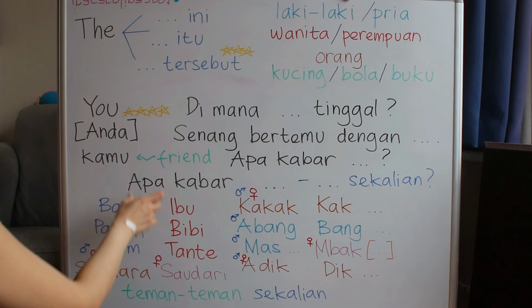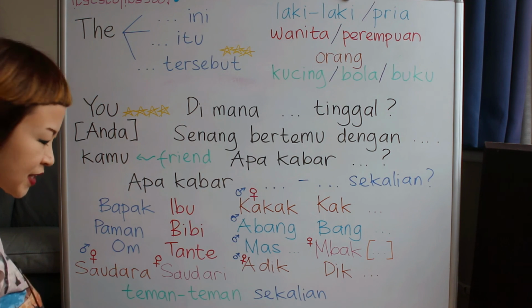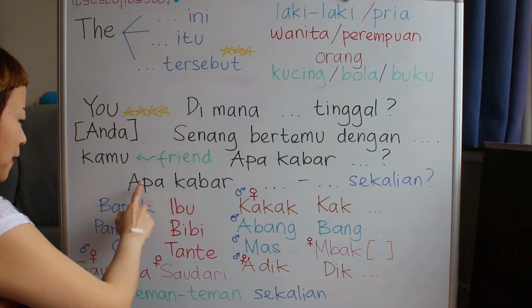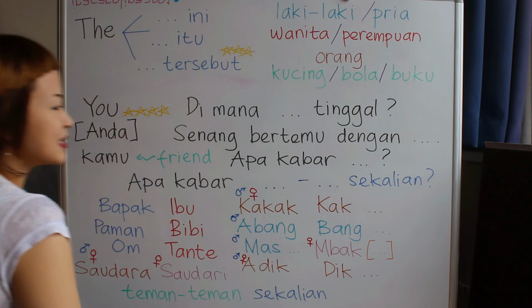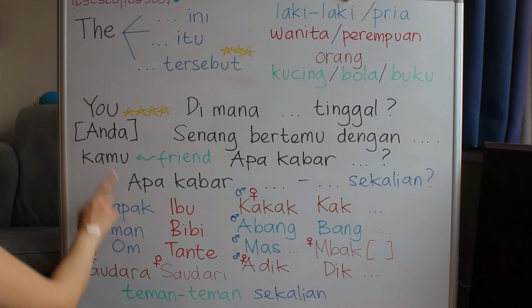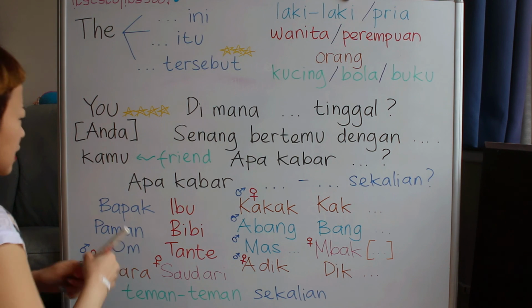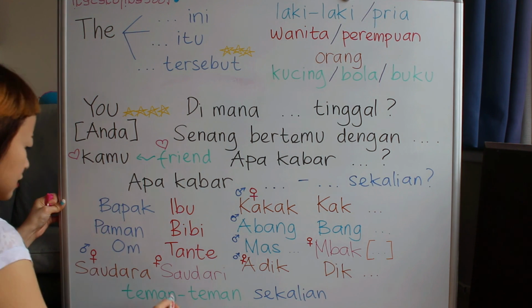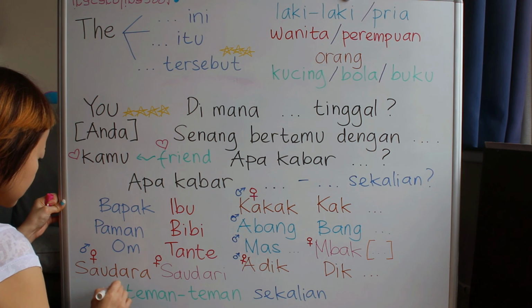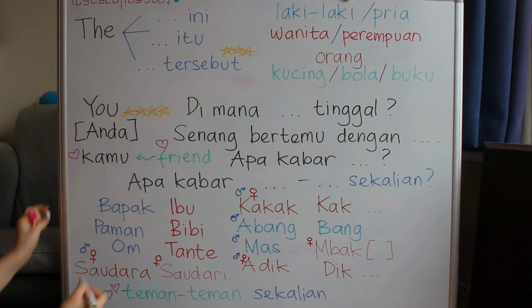So if you want to say apa kabar to your friends, more than one: apa kabar teman sekalian? Only for friends. I will just put a love here to make you understand. So if it's more than one.